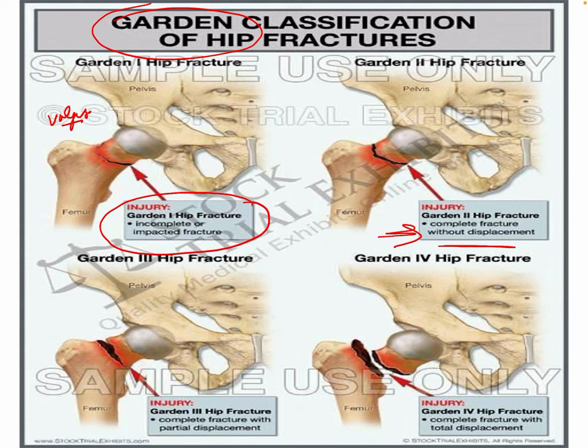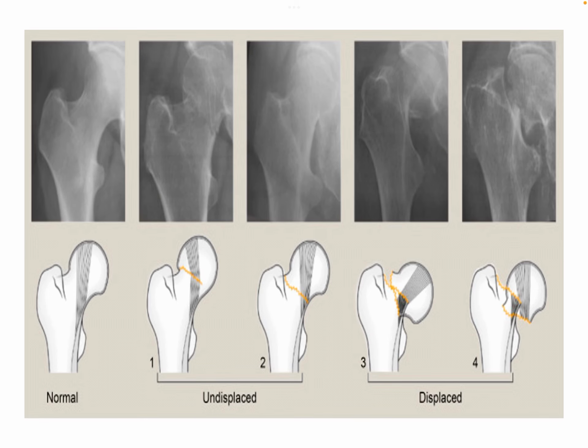The fracture line extends through the superior and inferior cortex, but there is no displacement of the fracture site. In type 3 it is a complete fracture and there is partial displacement of the fracture fragments. And finally in type 4 we have a complete fracture and there is total displacement of the fracture fragments.